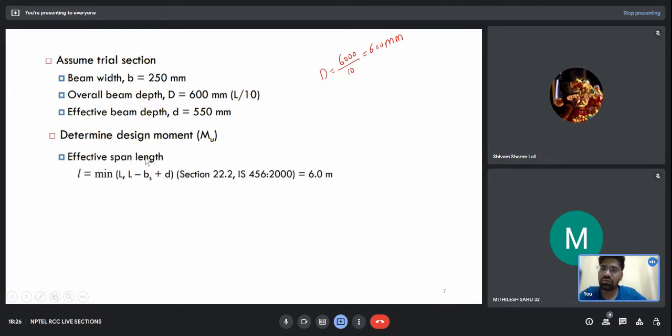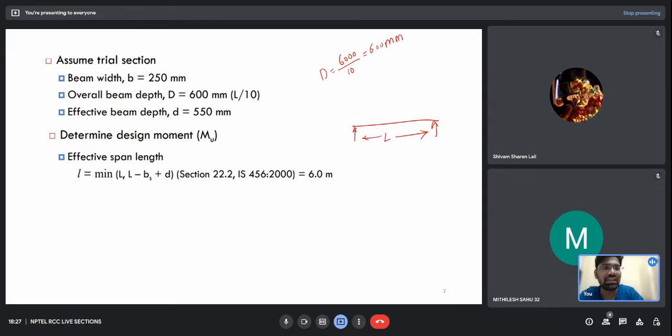Fine. So for this, now let's calculate the design moment that this beam can take with these dimensions. What is design moment? Design moment means the moments for which I have to design our beam. Those moments will come from the dead load and the live load. To calculate moment, I would need the length of this beam.